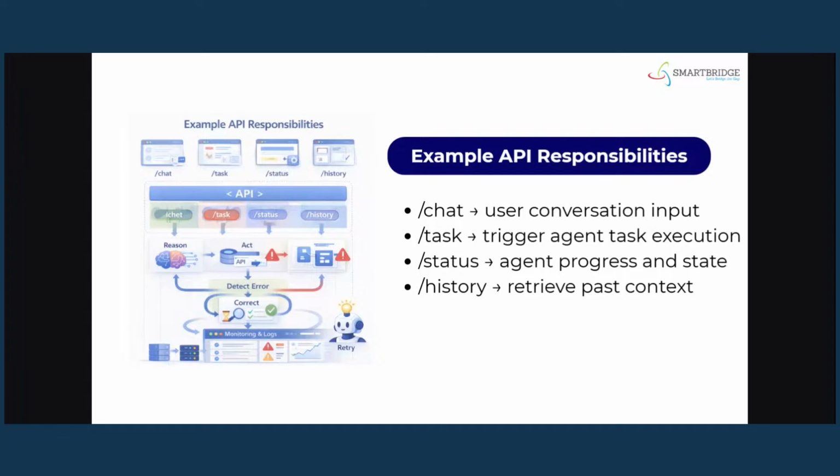Separating responsibilities like this makes the system easier to understand, test and scale. It also reduces the chance of errors and keeps agentic AI systems organized and reliable in real world environments.